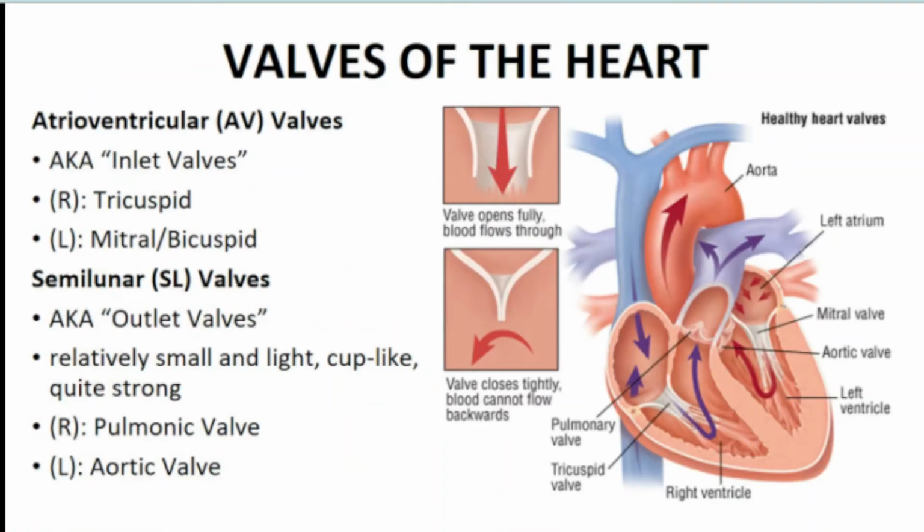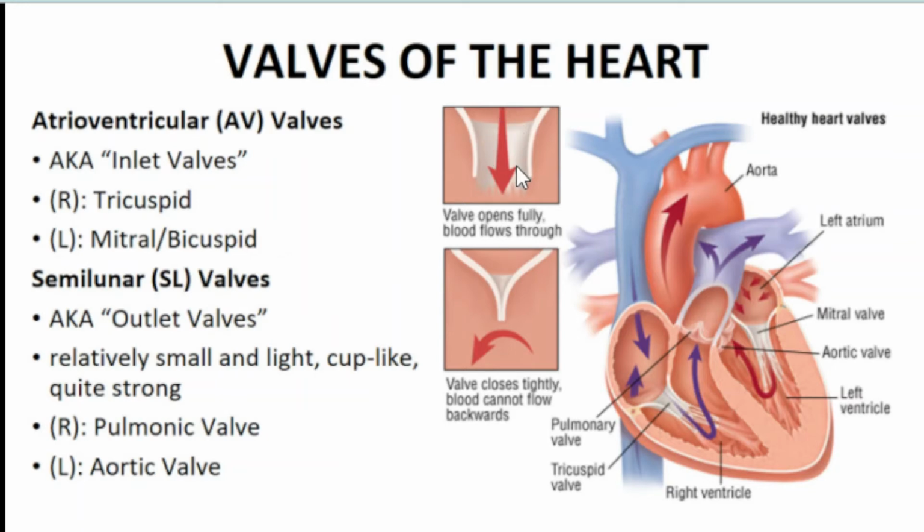So next, let's talk about the valves of the heart. In order to keep blood in a certain area of the heart, there are valves that keep them in place. So if the valves are open, as seen in this image, blood can flow through from the atrium to the ventricle, or from the ventricle to the vessel, wherever they are located.